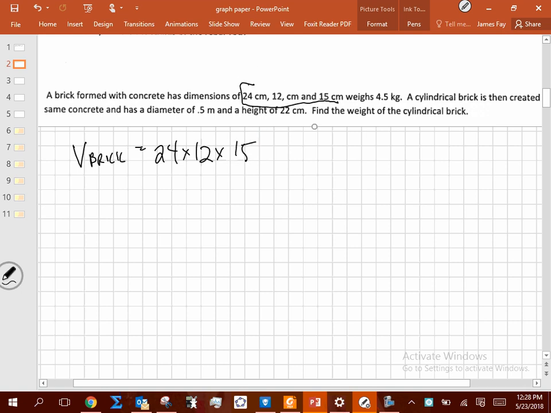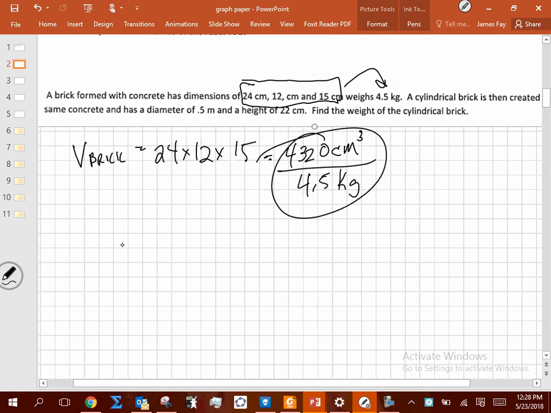This information is providing us our prism. When we multiply that out, you get 4,320 cubic centimeters. It says it weighs 4.5 kilograms. So for every 4,320 cubic centimeters, we will have 4.5 kilograms. There's our conversion factor.